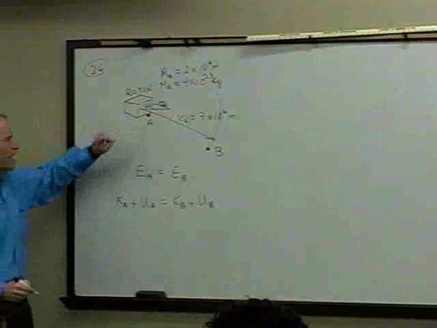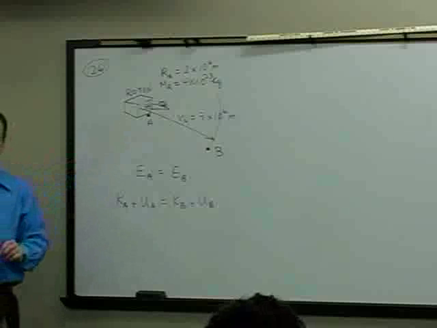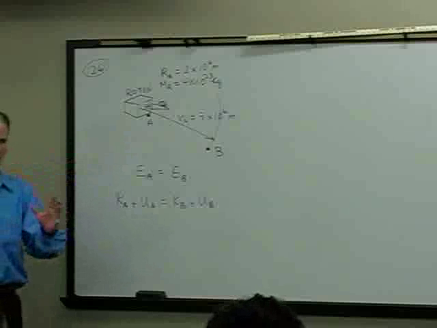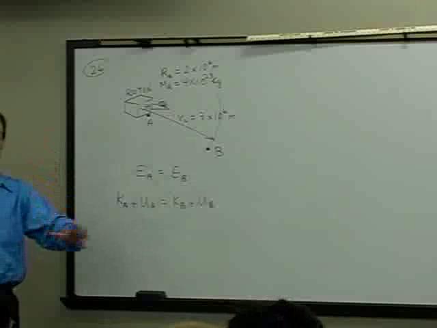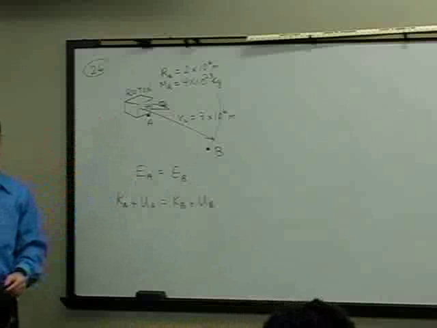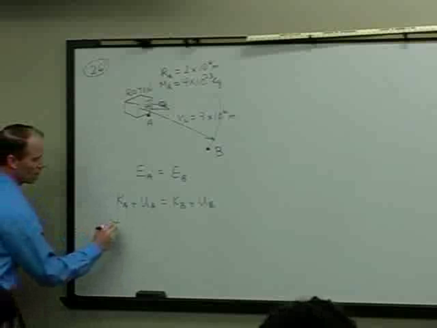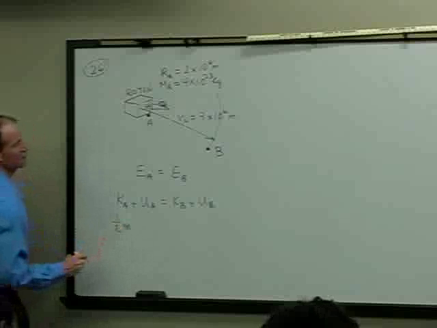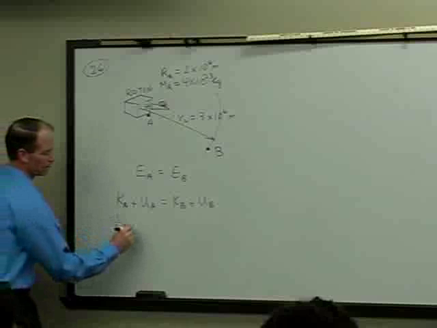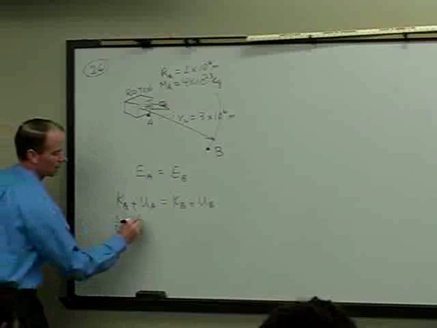The kinetic energy at A: we're just taking off, leaving the launching pad, so we've got initial velocity and kinetic energy, which is 1/2 the mass of our spaceship times our initial velocity squared.